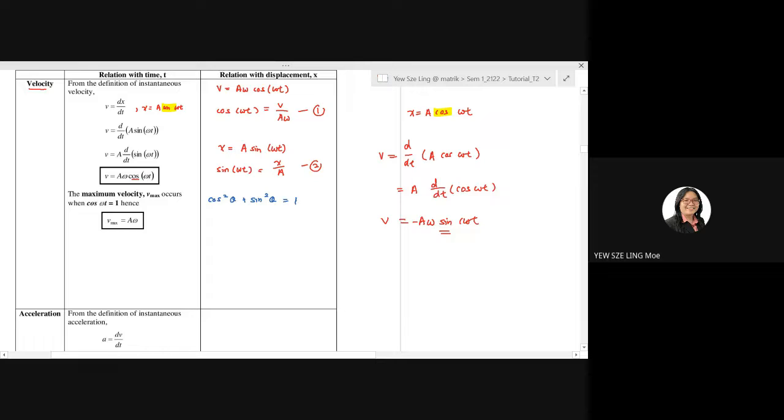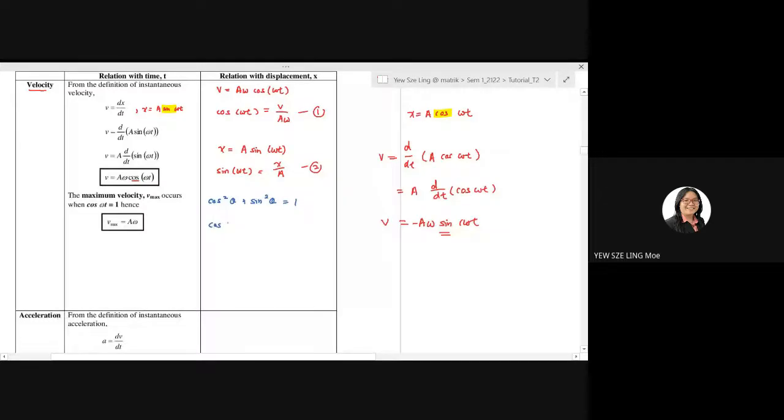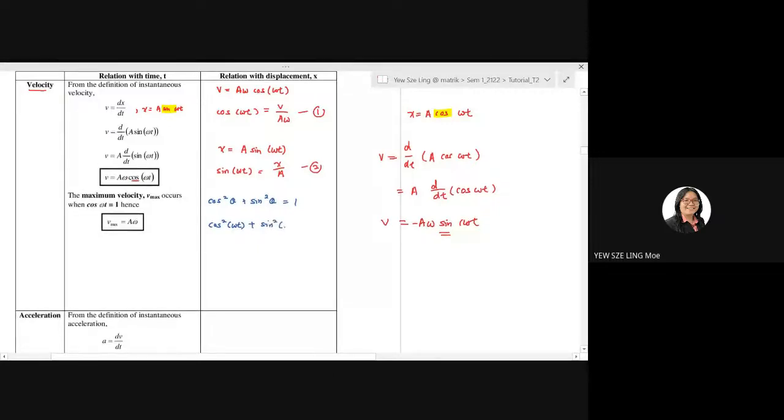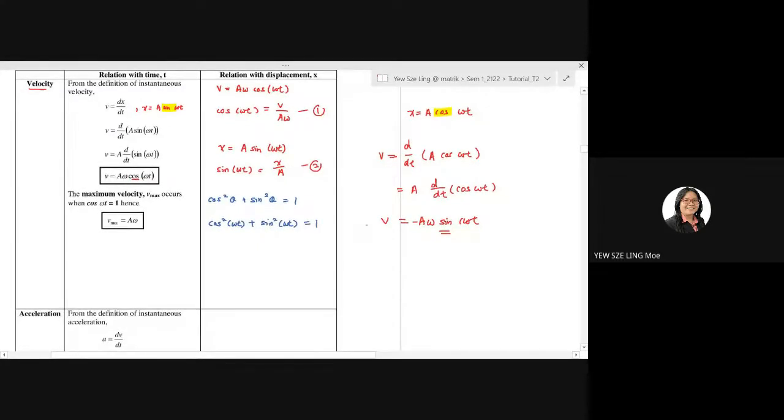This is the only equation that we can use to link the two of them together. This is based on trigo identity. So now I have cos square omega t plus sine square omega t equals to 1.